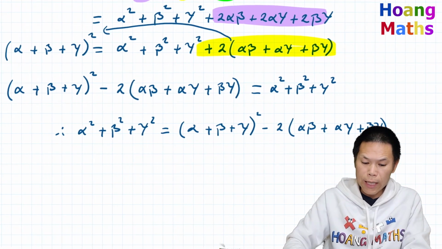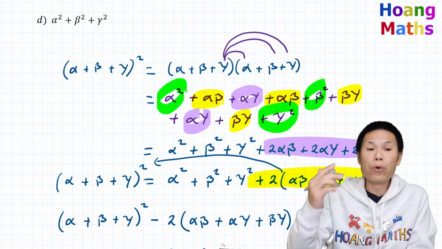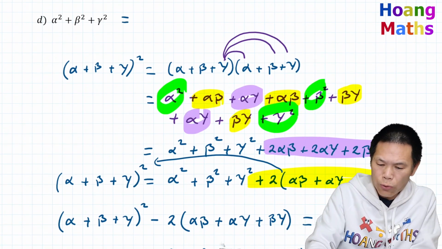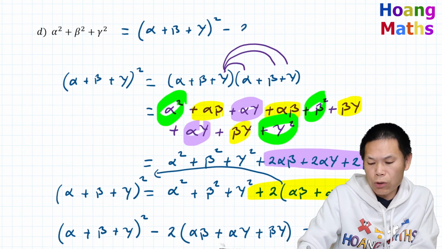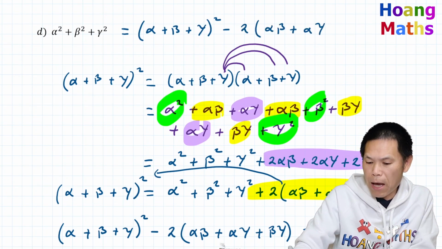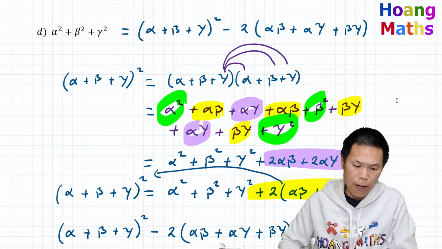So that is the rule. Let me just write this on here. So that is equal to alpha plus beta plus gamma all square, and then minus 2 lots of alpha beta plus alpha gamma plus beta gamma. Let me just move this down.